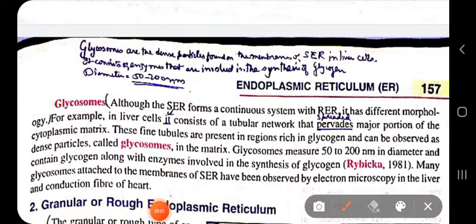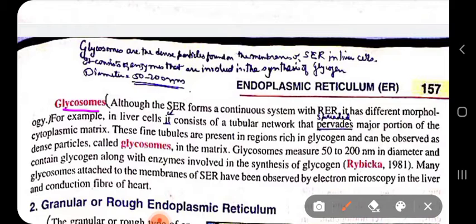So glycosomes are dense particles which are found in the membrane of smooth endoplasmic reticulum in the liver cells. Glycosomes consist of enzymes and they are involved in synthesis of glycogen. So what are glycosomes?